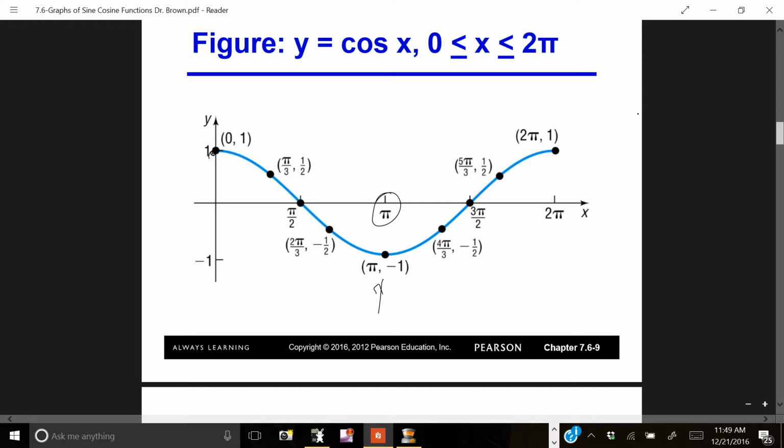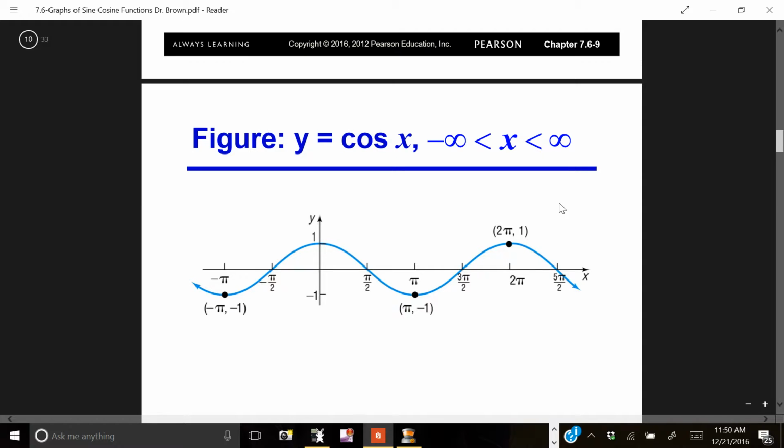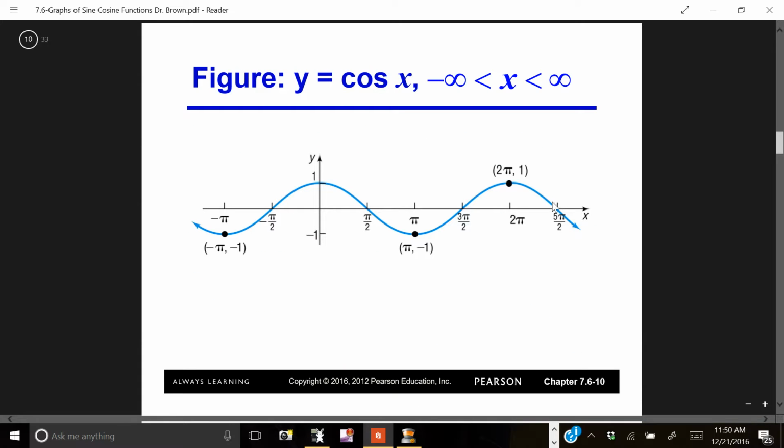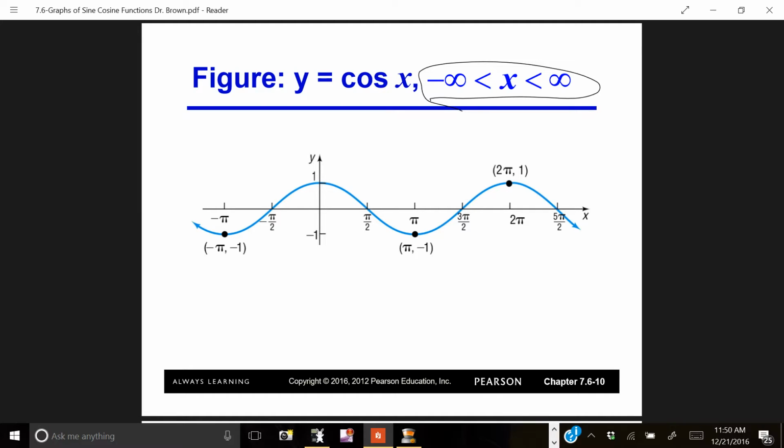And it goes through 0 at pi over 2, goes through 0 again at 3 pi over 2, and then gets back and completes a period after 2 pi. So graphing this, looks like I got 2 copies of this. The domain again is going to be any value of x or theta between minus pi and plus pi.